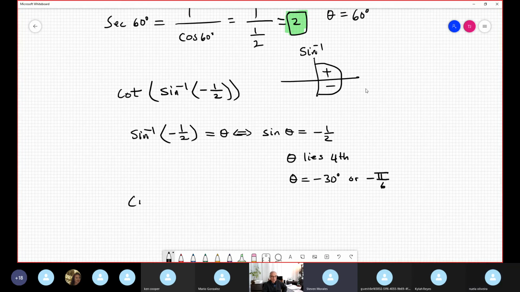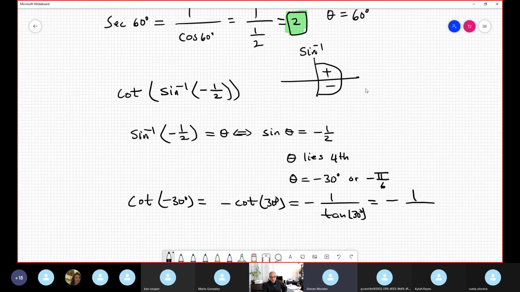Finally, cotangent of negative 30 degrees is equal to minus cotangent of 30 degrees, because cotangent is also an odd function. And cotangent is the reciprocal of tangent. I know that tangent is radical 3 over 3, no? Yes.